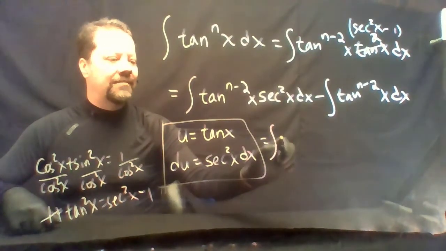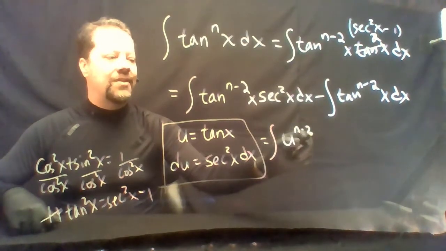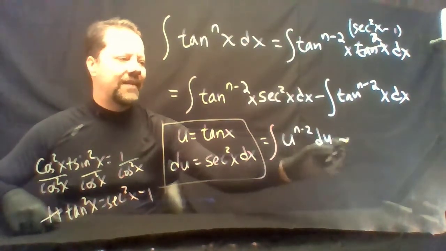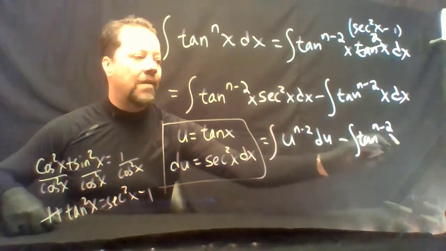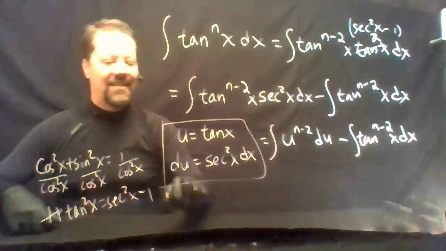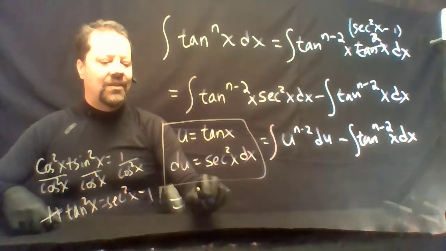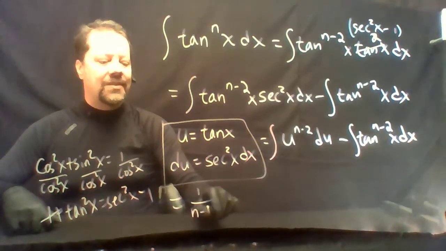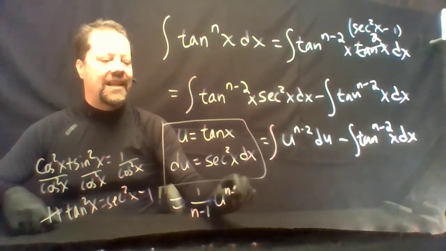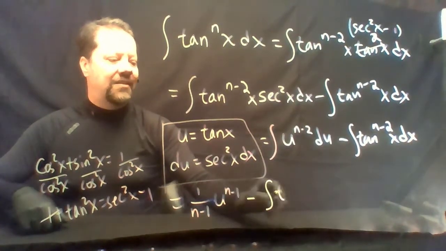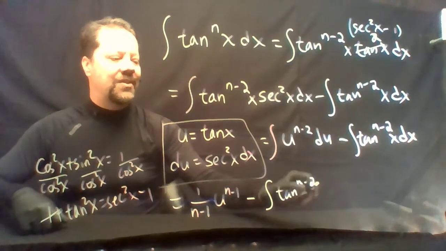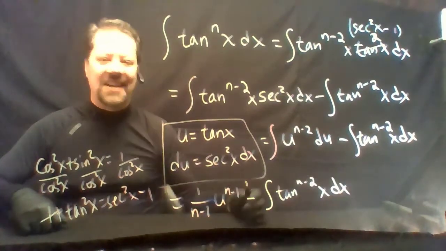Integral of u to the n minus 2 du. And then this integral we're going to leave alone because that's going to be for our reduction formula. So we'll get 1 over n minus 1 u to the n minus 1 minus the integral of tangent to the n minus 2 x dx.